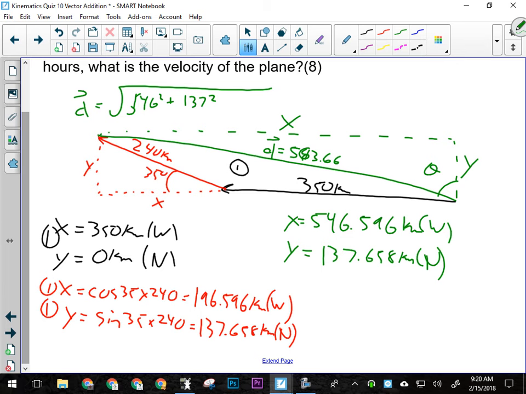One mark if they did that. Okay, so we're up to 5. Then we got to find the angle. Theta is going to be tan to the -1 of the opposite side, which the way I drew the triangle is x. So that is our 546 divided by 137, obviously with all the decimals in place.